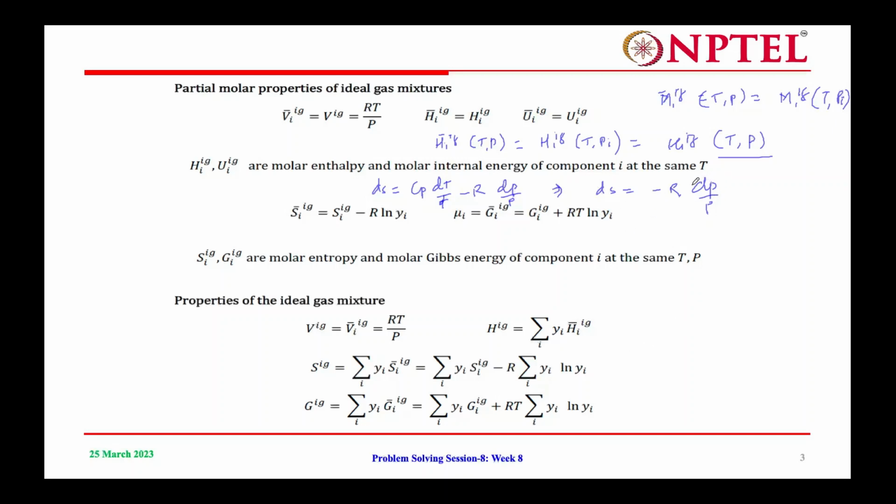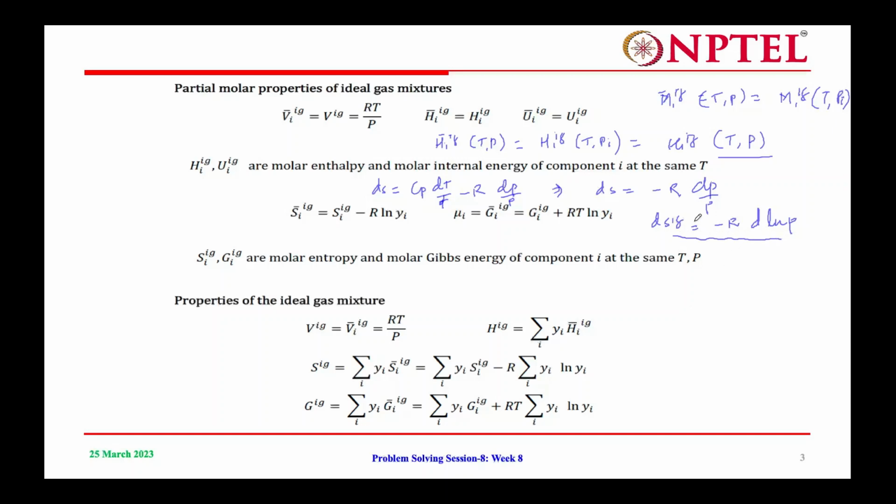For ideal conditions, you can write dS^ig = -R d ln P at constant temperature.